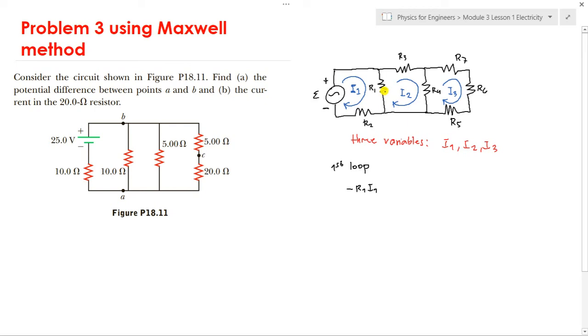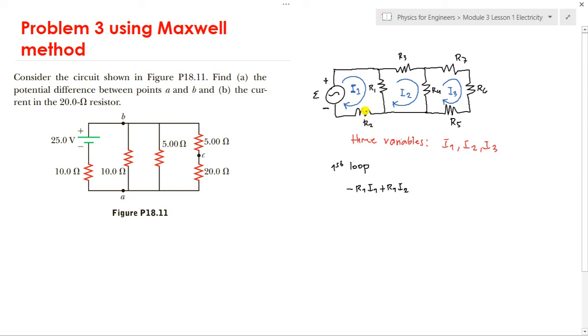I2 passes through R1, so we're going to add that one because the direction of I2 with respect to I1 is opposite, so that would be plus R1 I2. After R1, the direction of I1 meets R2. For R2, only I1 passes through it and nothing more, because I2 belongs to the second loop. So I2 does not affect R2. Therefore, only I1 interacts with it.